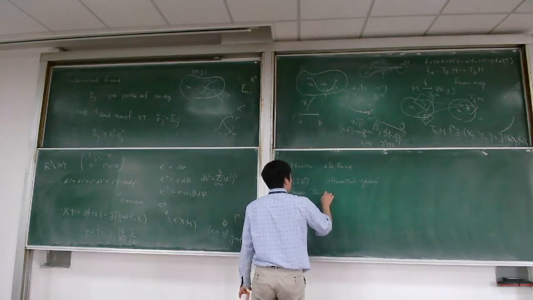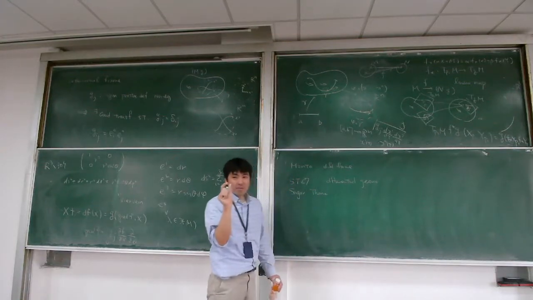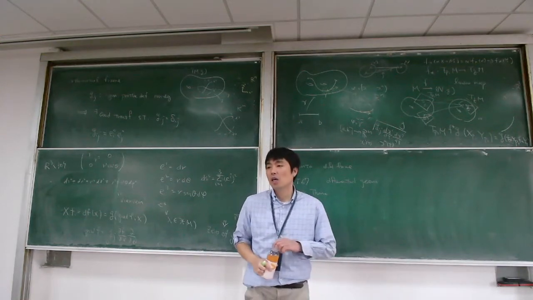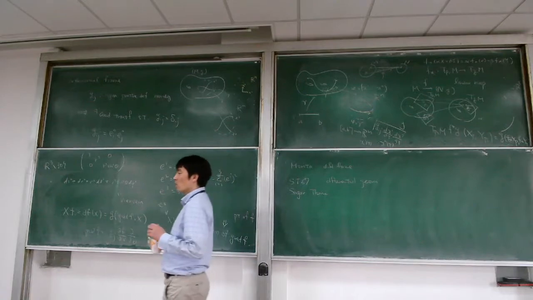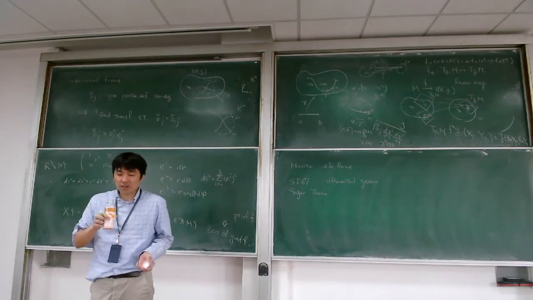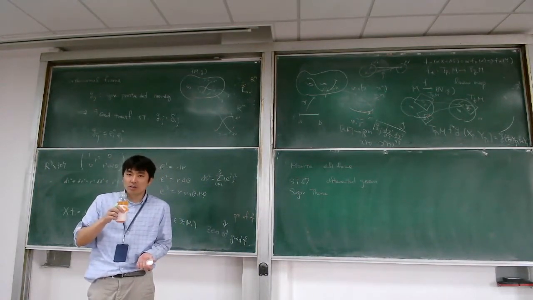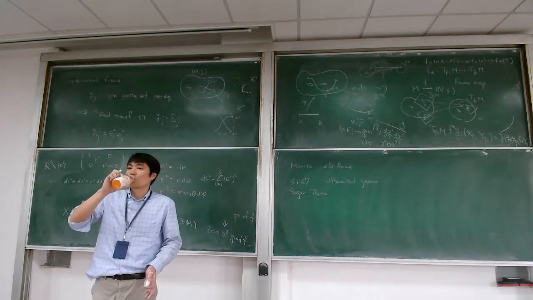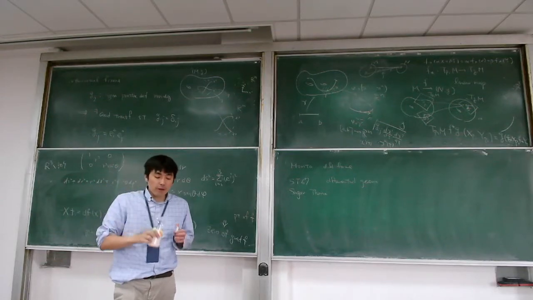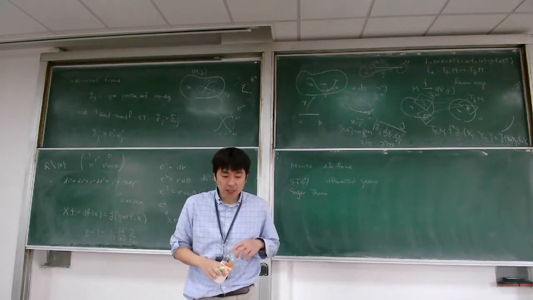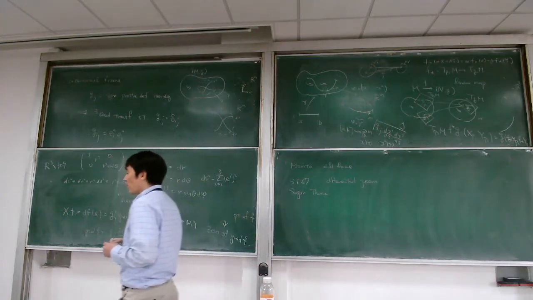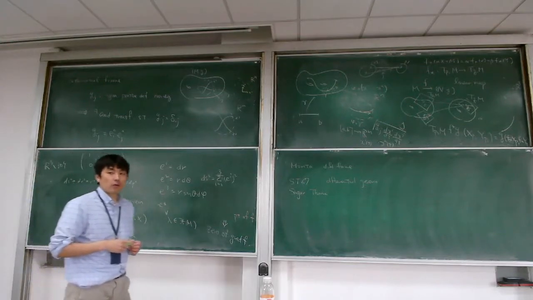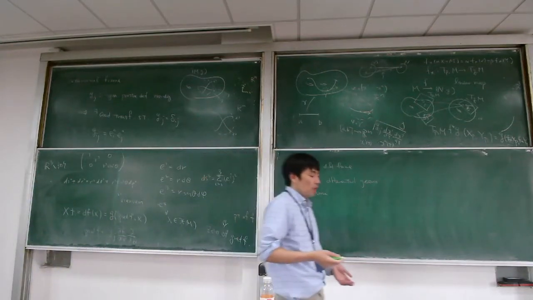This is a very thin book, but it contains the very essential part of differential geometry. It's a mathematics book, so you can read the proofs. In this section, I omit all the proofs. It's a lecture in front of physicists, so I just want to tell you what it means and also how to use them.